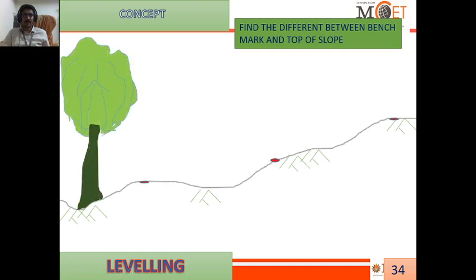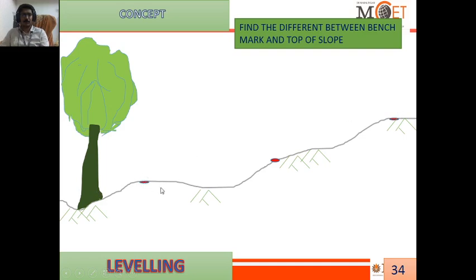So this is the terrain which has an uneven shape. There is a tree. This is the benchmark point and this is the top of the slope. We need to determine the elevation value of this, then only can we determine the difference between these two.